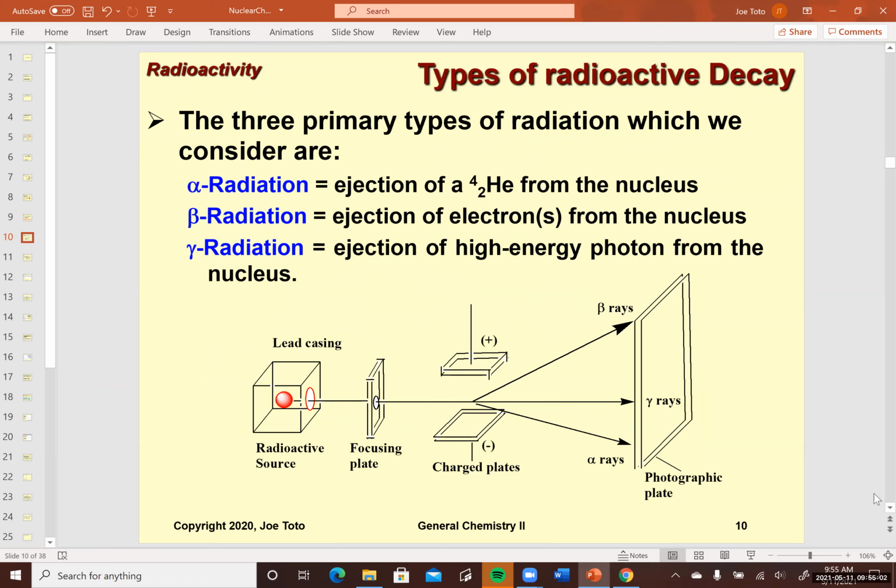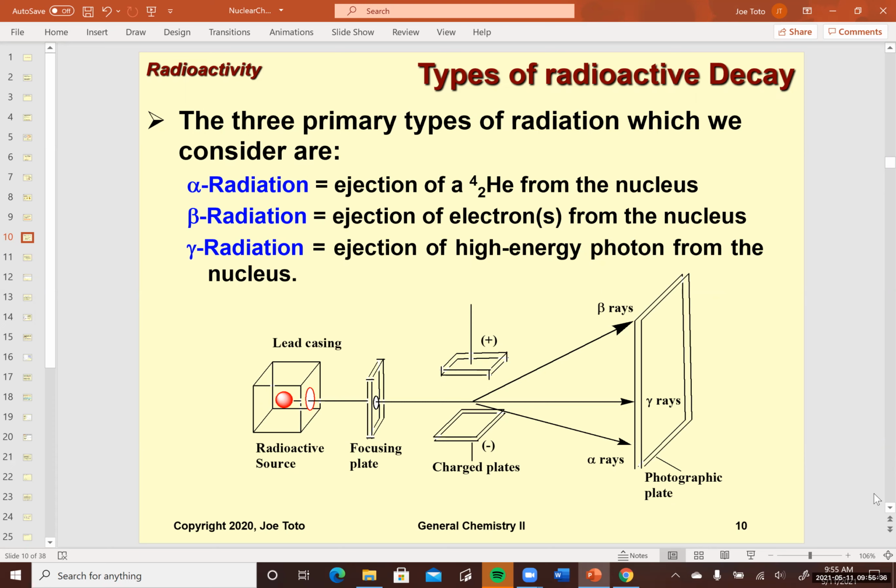Okay, so now we go back to Rutherford, and in his research lab, he discovered these different particles using their penetration power. His research group found that beta rays penetrated the most, then gamma, and then alpha was the last.